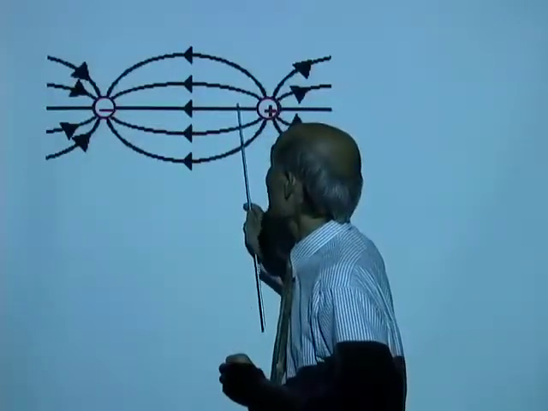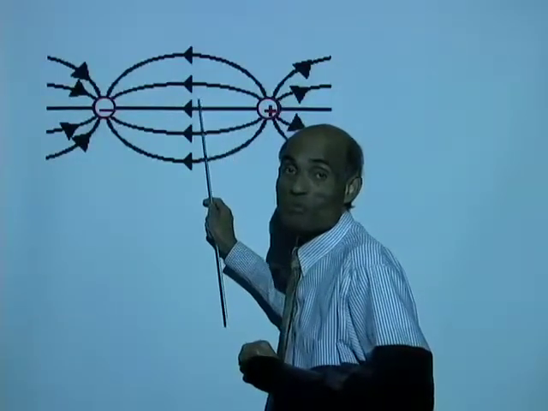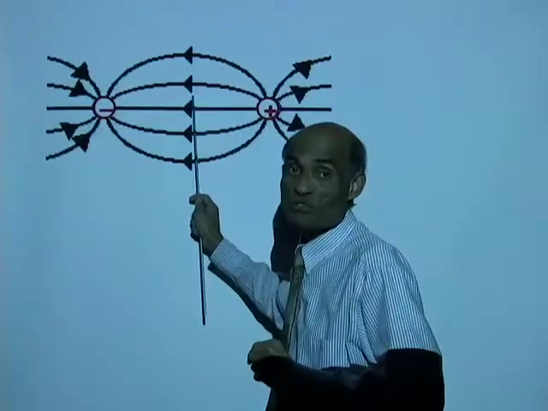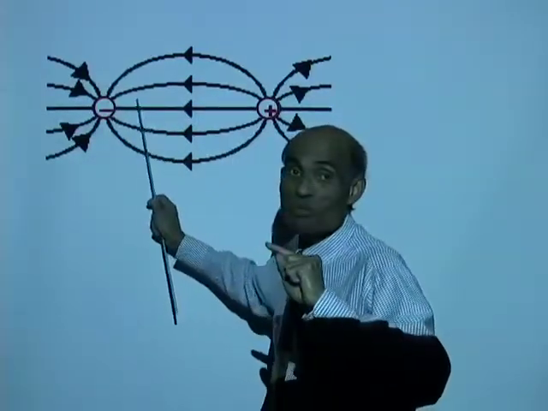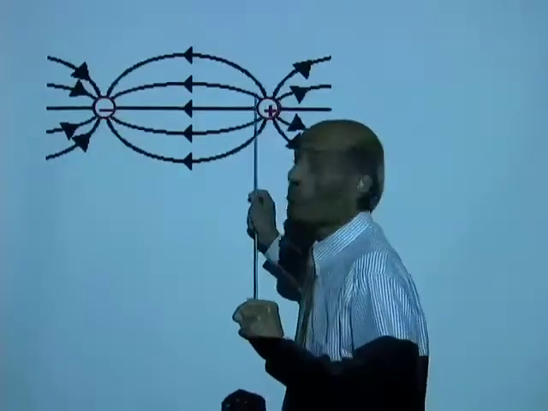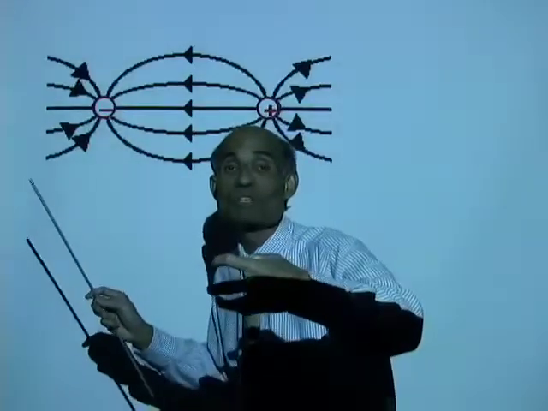If you place a positive charge in this field, its direction of motion will be the direction of the electric field, which is the direction of decreasing potential. So the potential near a positively charged object is a high potential. The potential near a negatively charged object is a low potential.